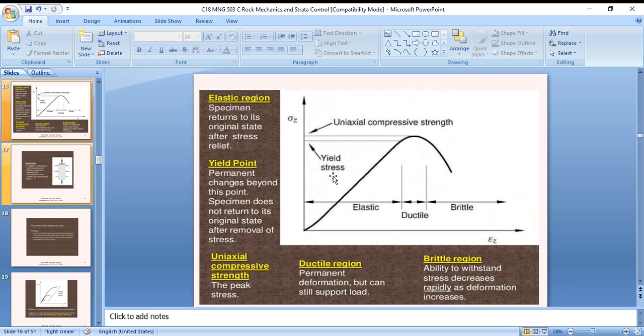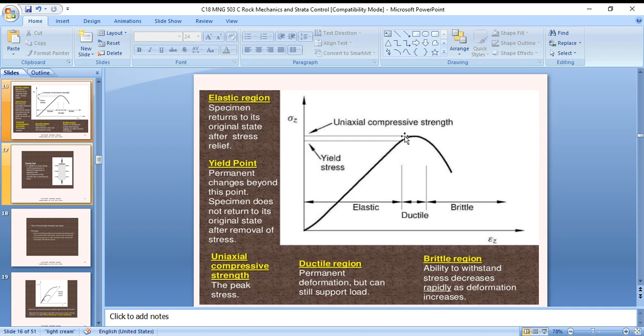So ultimately, you are understanding the basic principles of the elastic property of Hooke's law. When the load is released, the material returns to the original position; that is elastic nature. In the elastic region, the specimen returns to its original state on removal of stress. The yield point is where permanent change begins; beyond this point the specimen does not return to its original state.